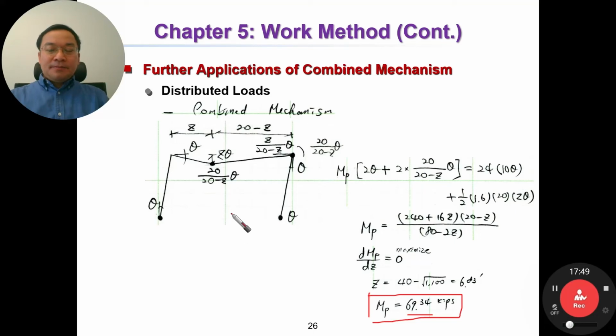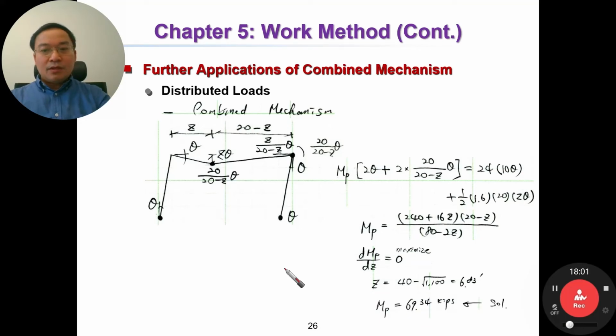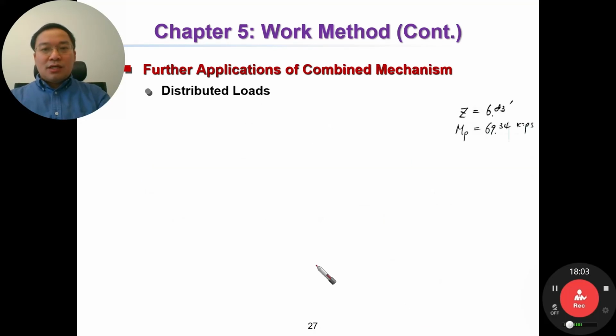Remember, this is the exact solution, 69.34 kip-feet. Because z equal to 6.83, MP equal to 69.34.